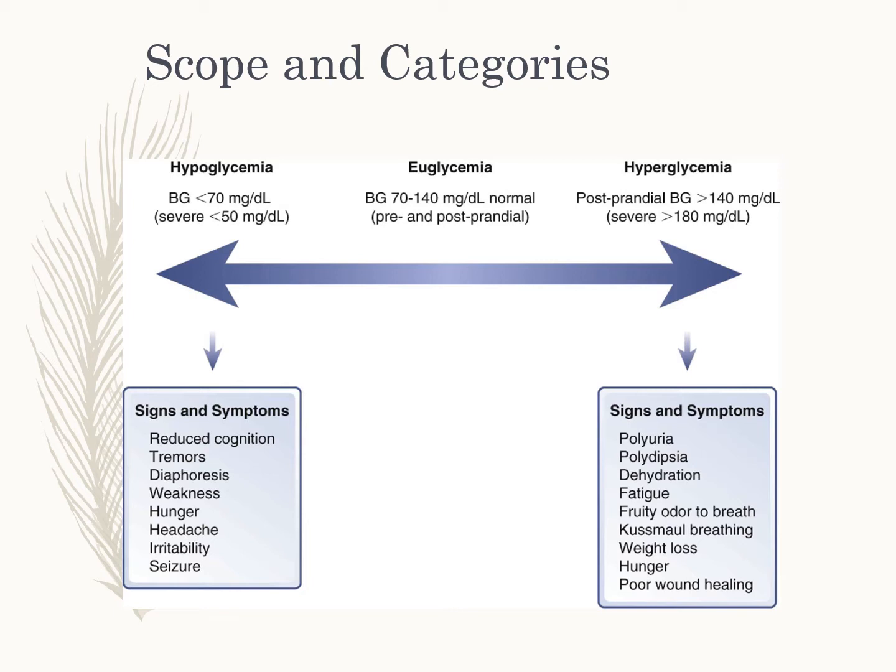Hyperglycemia refers to elevated blood glucose levels greater than 100 in the fasting state or greater than 140 2 hours after eating. Hypoglycemia refers to a state of insufficient or low blood glucose levels defined as less than 70.